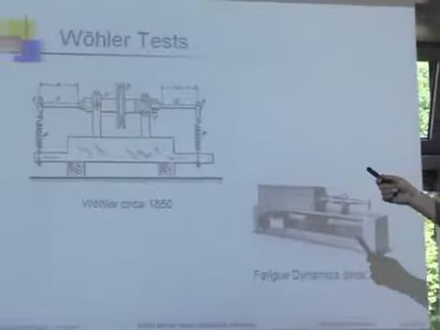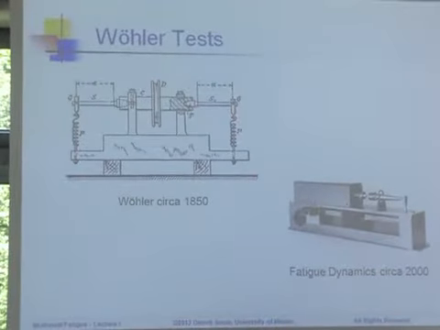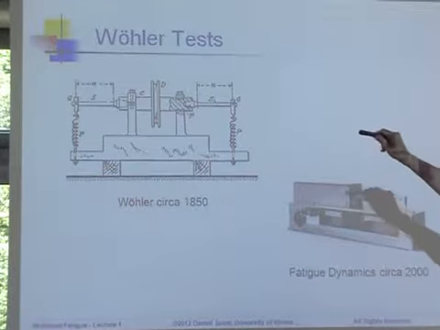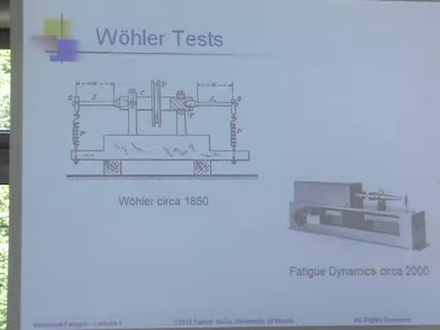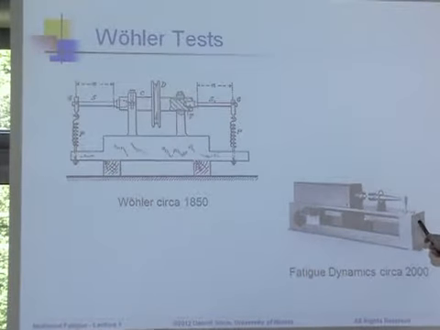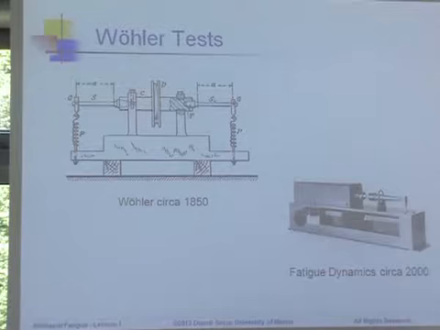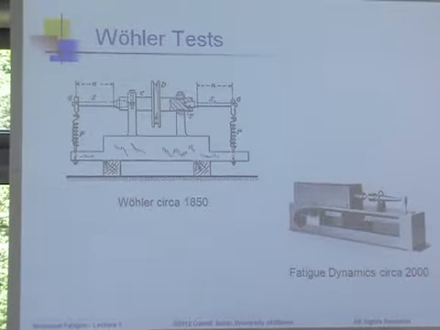So there's his testing machine, and so he tested bars in bending powered by a steam engine. If you look at Wohler's tests from 1850, in 150 years, we have managed to replace the steam engine with an electric motor. But the test is the same as from Wohler.